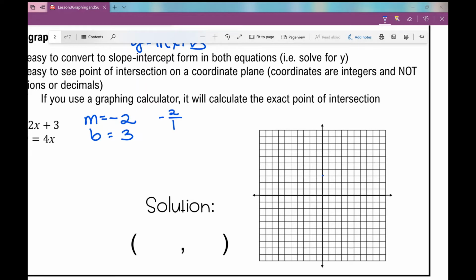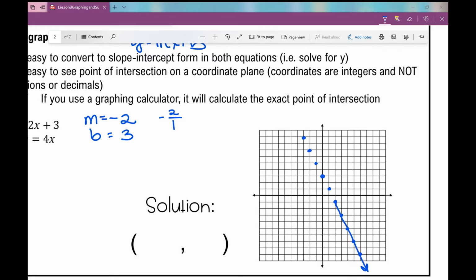My beginning point at +3, and then my slope is -2. Rise 2, run 1, so I can go down 2 and over 1 this way. And I know it's a negative slope, so if I connect these dots, I can visually see that it has a negative slope, so I know I graphed it correctly.